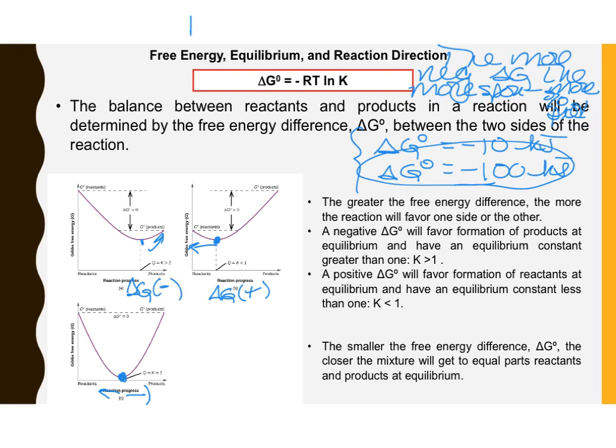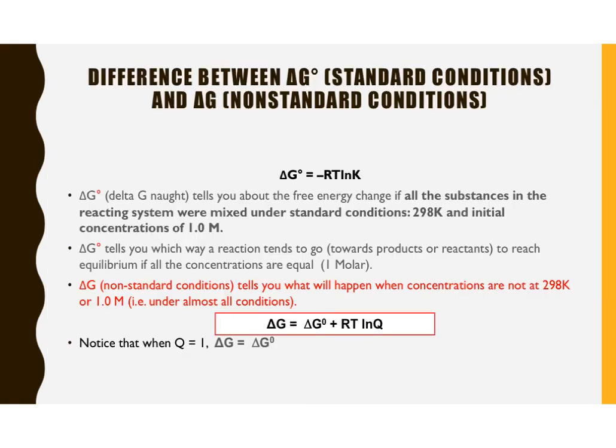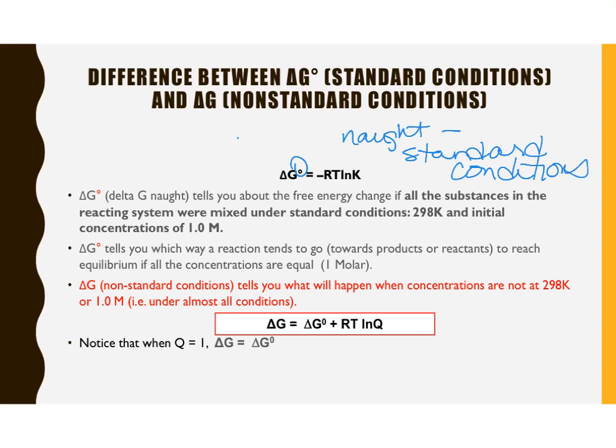So it's kind of repeating the same thing over and over in different ways. Now, you've probably noticed in a lot of these thermodynamic properties, we use what's called a naught sign. And just to remind you, that means standard conditions. Anytime you have a table of values that you're referring to help you work a problem out, anything that's in a published table is going to be the standard conditions, okay?